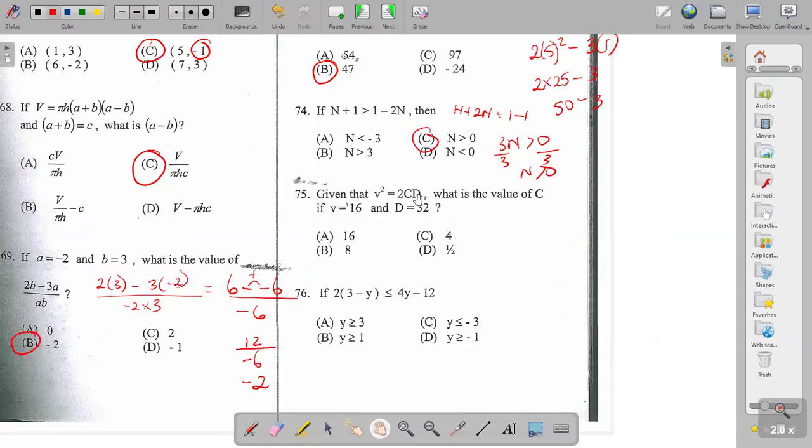So v squared is equal to that. What is the value of c if v is 16 and d is equal to 32? So you have 16 squared is equal to 2 times c times d, which is what, 32?